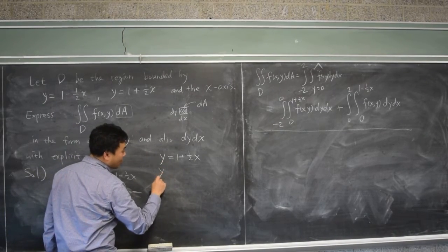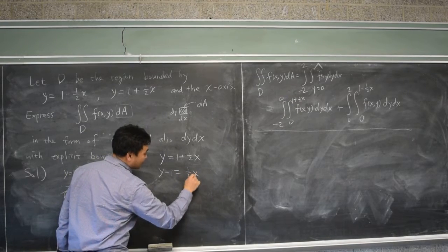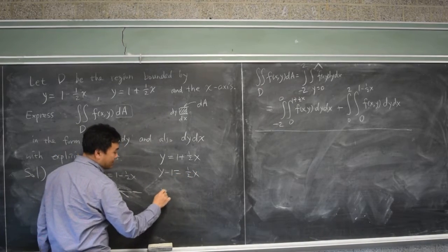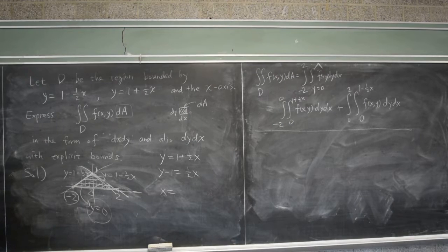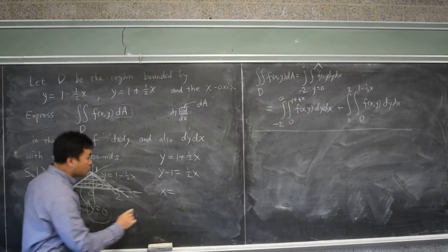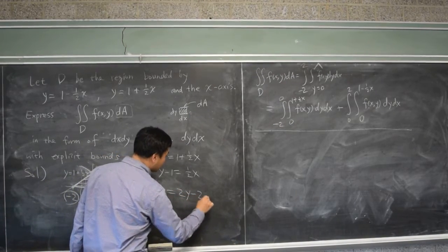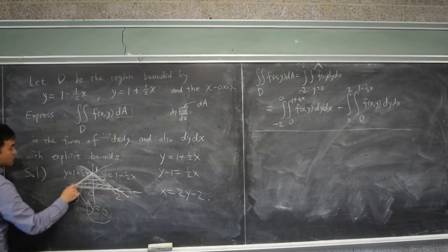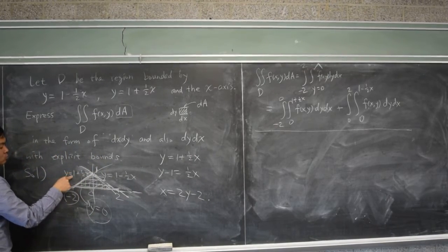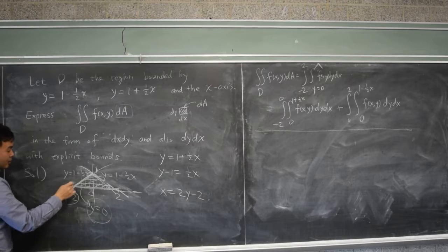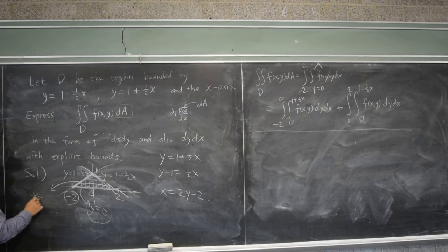Subtract 1, so y minus 1 is 1/2 x. Multiply by 2, and you get x equals 2y minus 2. So this equation has a new name: x equals 2y minus 2.